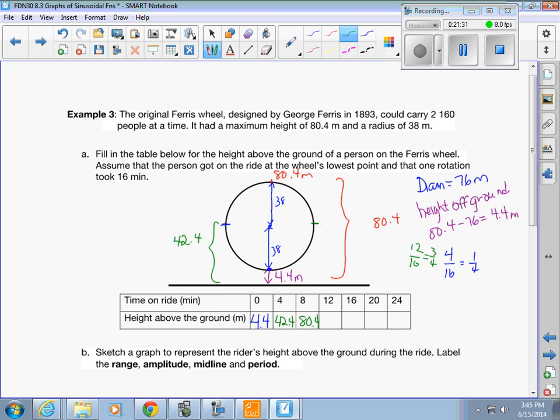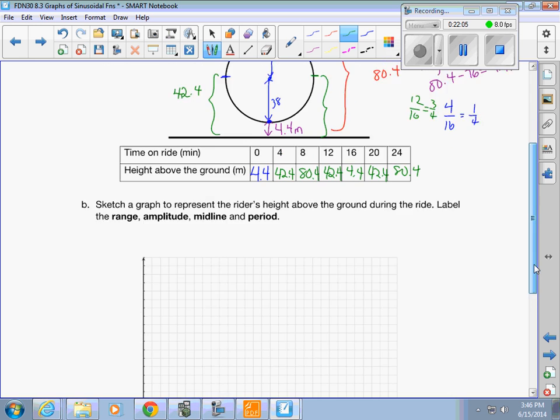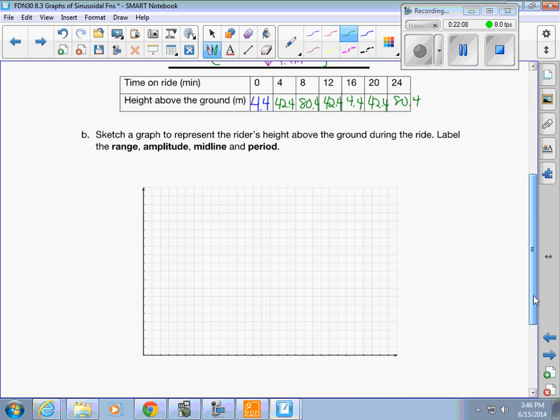So again we're that distance of 38 plus 4.4, so we're back at 42.4. 16 minutes, we're back at the beginning, so our height is 4.4. 20, so it's another 4 minutes on top of there, so we've done 1 1/4 rotations, so we're up at 42.4. 24 minutes on the ride means that you've had 1.5 rotations, so you're up at 80.4. So there's your data. Now it wants us to sketch this graph.